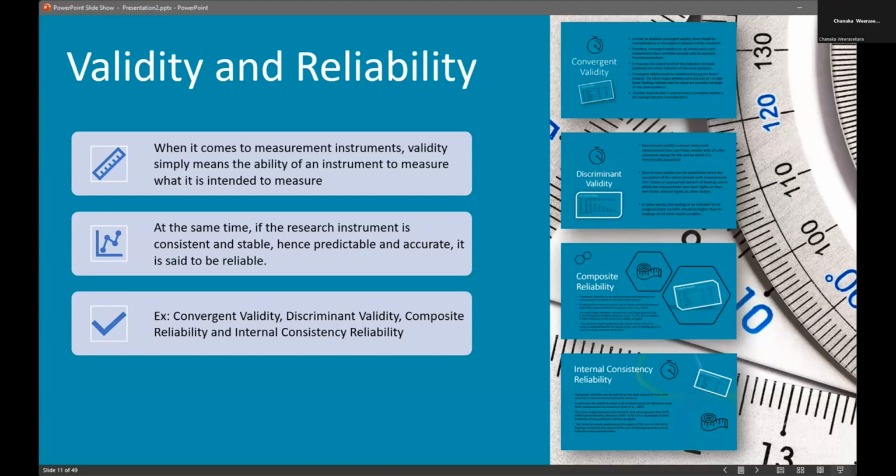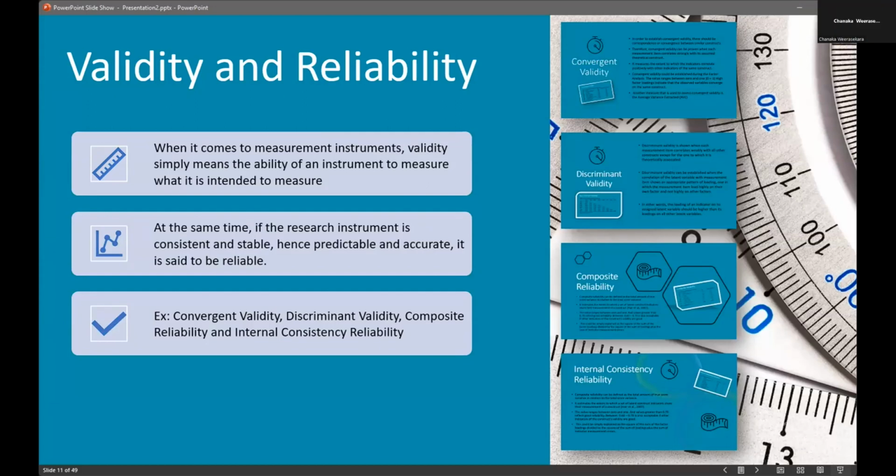So when it comes to questionnaire, we need to check validity and reliability. So let me go one by one here. So how we are going to check validity and reliability. But at your stage in undergraduate research, we do not go that much deep into validity and reliability, but up to some extent you can report.